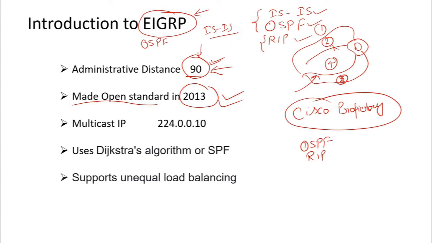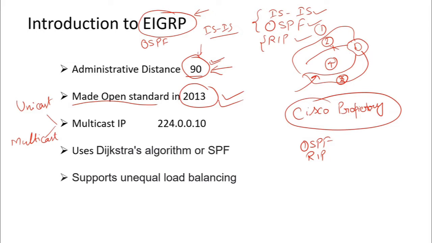So for communication purposes, EIGRP uses two methods: unicast as well as multicast. If someone asks in an interview what the mode of communication in EIGRP is, they may ask whether EIGRP uses unicast or multicast, and you can say it uses both.